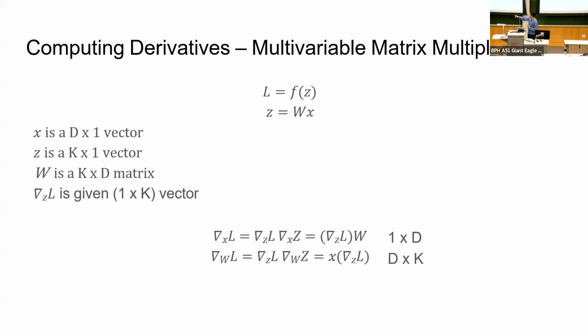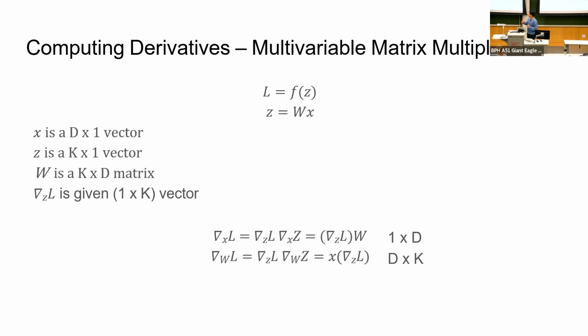So if you look at the computations on the bottom, the derivative of L with respect to x is a product of the derivative of L with respect to z and the derivative of z with respect to x. And the second part is essentially just w, and that gives a 1 by d vector.